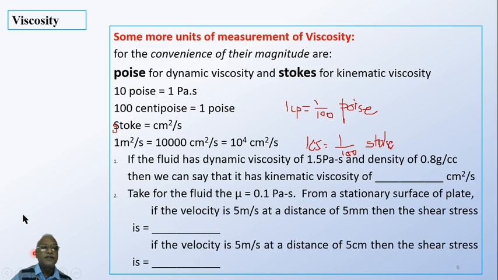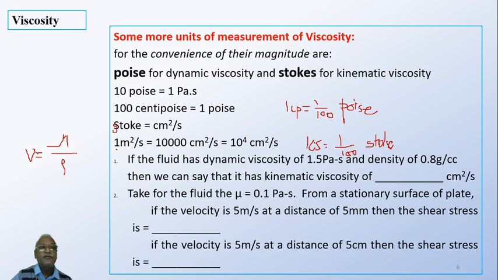We know the relation. Kinematic viscosity is nu, and this nu is equal to the ratio of mu to rho.